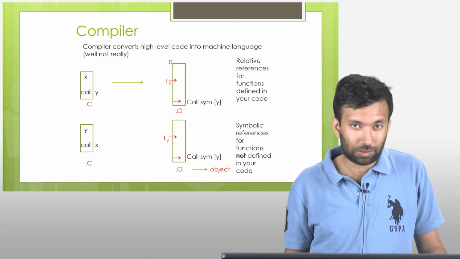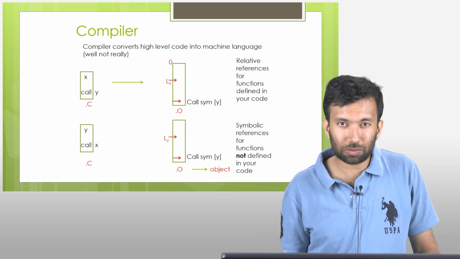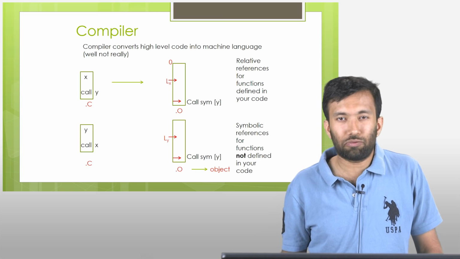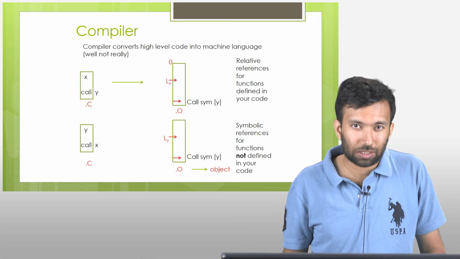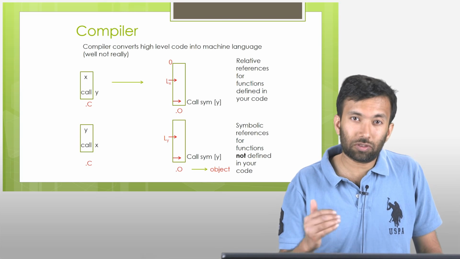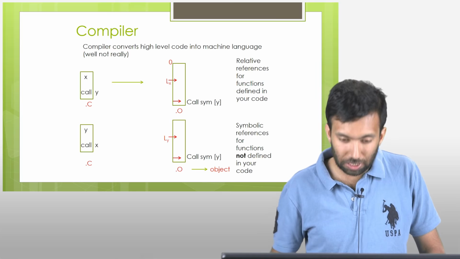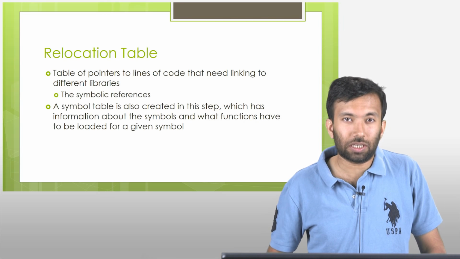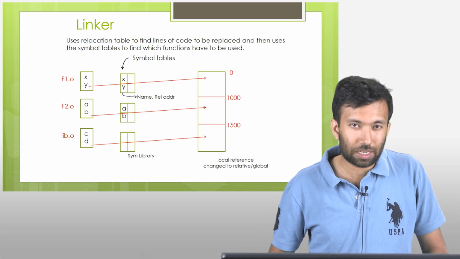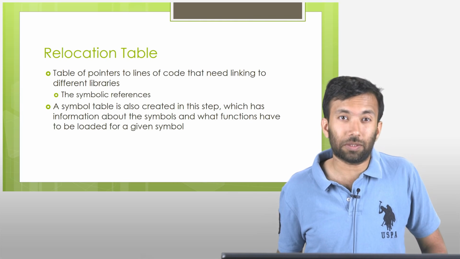So what next? We have used a compiler to partially convert into machine language, but if we cannot really run it, there has to be somebody that comes in and tries to resolve those tags and convert them into functions. That somebody is the linker, and the linker uses something called a relocation table.